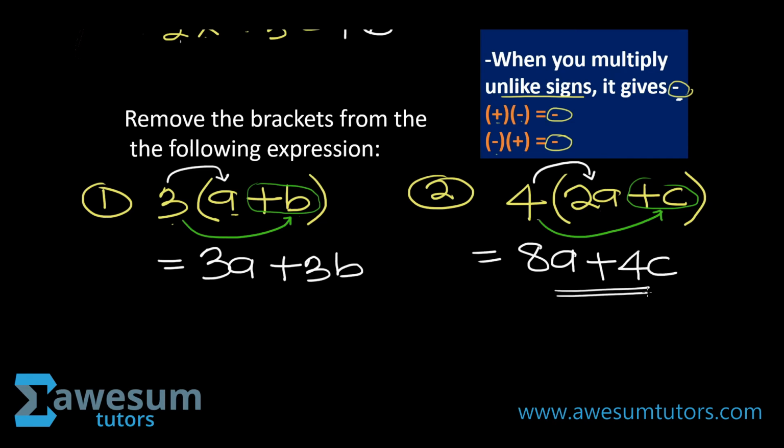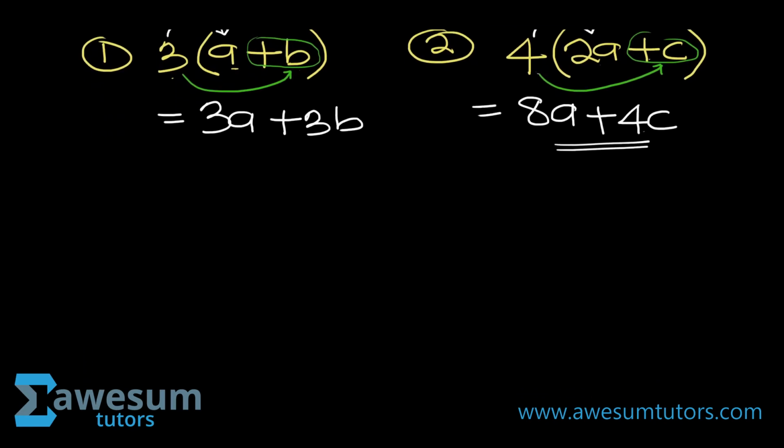That is your final answer. You have been able to open up this bracket. 4 times 2A gives me 8A, plus 4 times C gives me 4C. Okay, very good, guys.